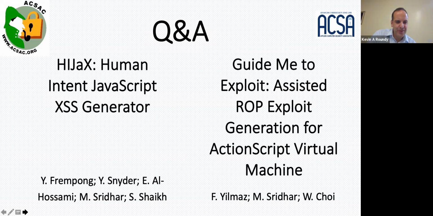I guess to the authors of the HiJacks paper, I thought it was very clever and interesting that you decided to do this natural language based specification of the types of exploits that you think you could find.